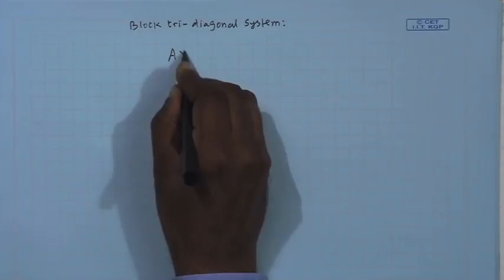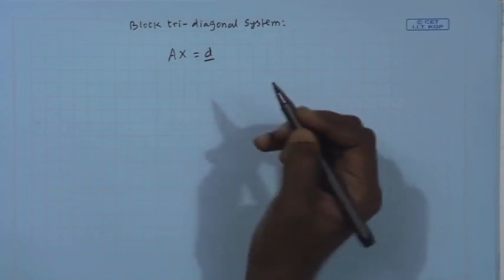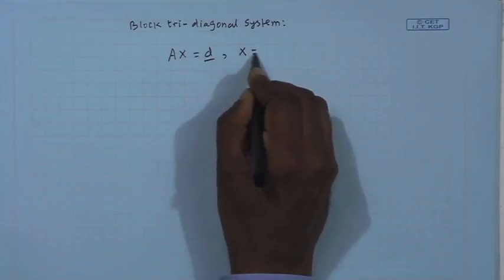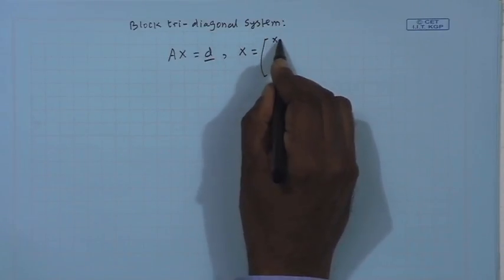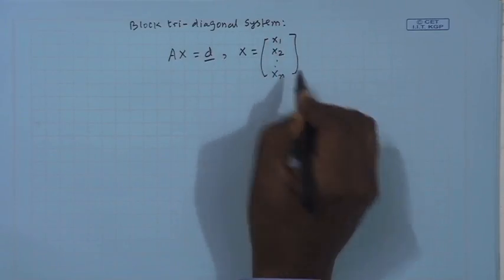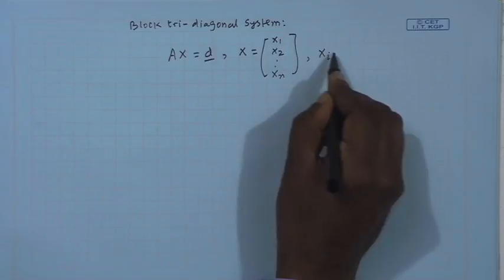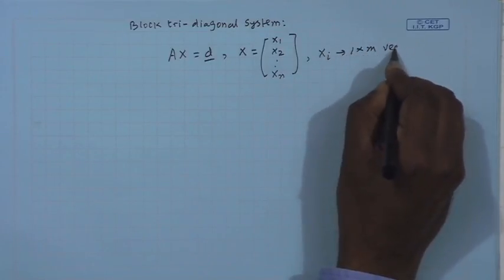So, basically what we found is Ax equal to, let us call it D, where the components of x are themselves vectors: x1, x2, ..., xn, where each xi is a 1 cross m vector.